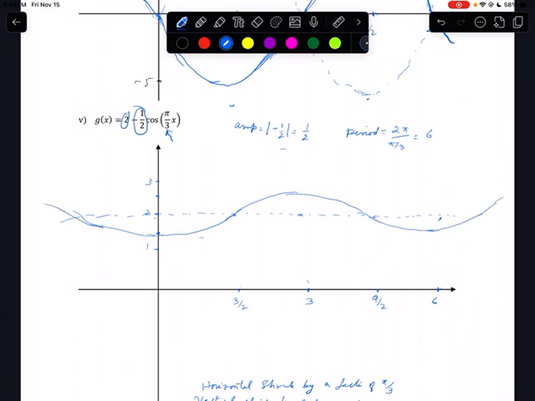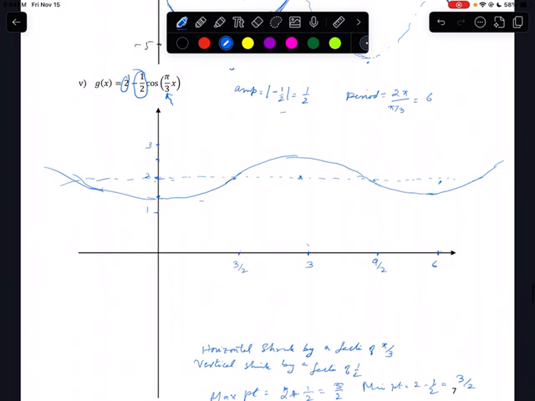and keep going this way. Okay, and notice here the amplitude is 1/2, so it will be half above this axis and then half below this axis. The highest point can be obtained by 2 plus the amplitude, and the lowest point will be 2 minus the amplitude.